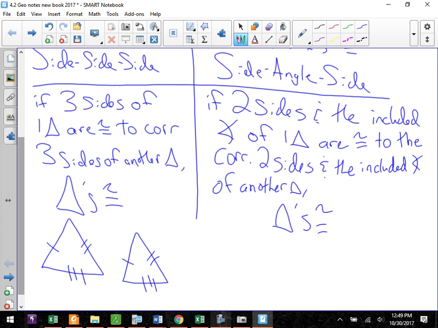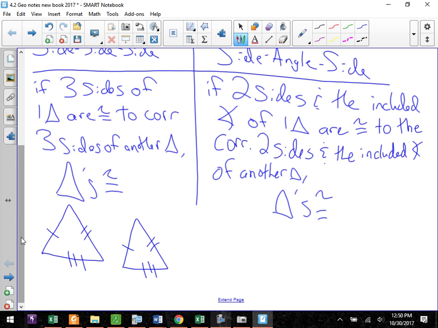It is a lot of words, but once I draw a picture, it's super easy. Two sides and the included angle of one triangle are congruent to the two sides and included angle of another. It's a lot of words for something super, super simple. Again, this is what it looks like. Side, angle, and a side. Side, angle, and a side.